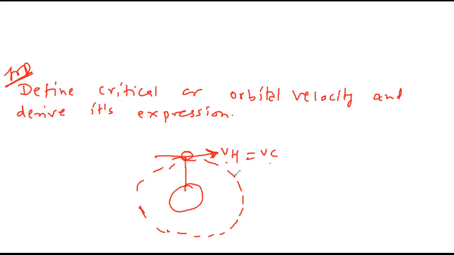That we'll see later on. So the minimum velocity with which a satellite at certain height above Earth's surface must be projected horizontally so that it revolves in circular orbit is called as critical or orbital velocity. Definition followed?